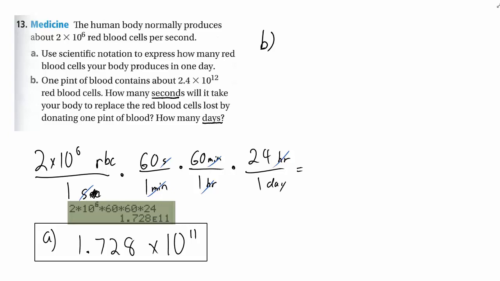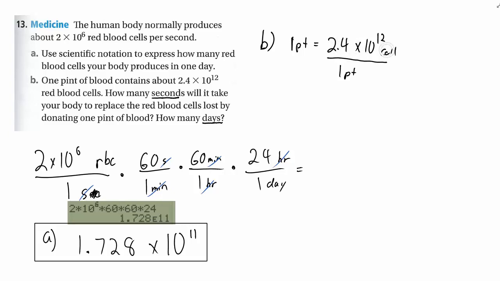So 1 pint is equivalent to this many blood cells, and we also know that your body produces this many blood cells each second. We can figure out, by dividing these two, instead of multiplying, how many seconds it will take to replace this many.